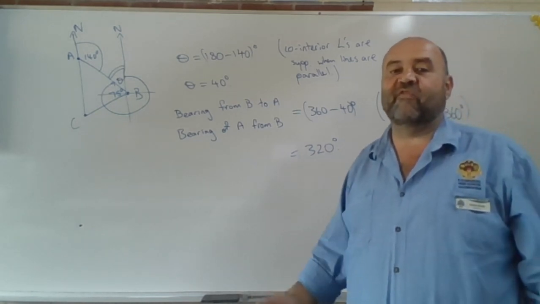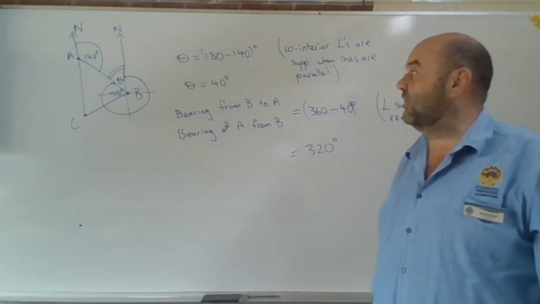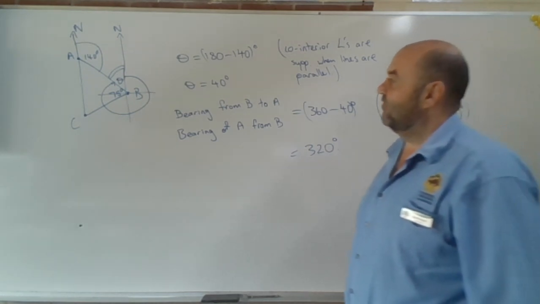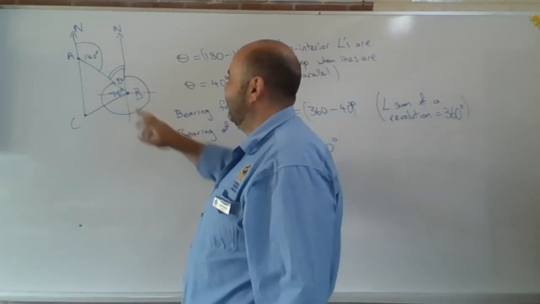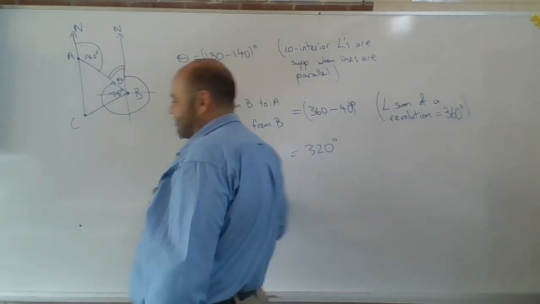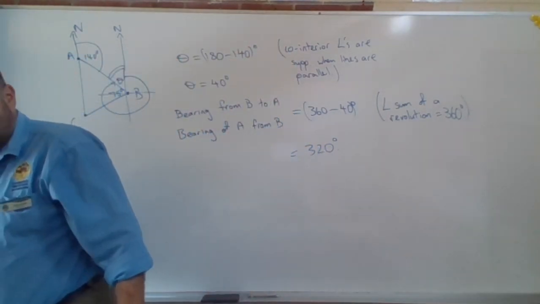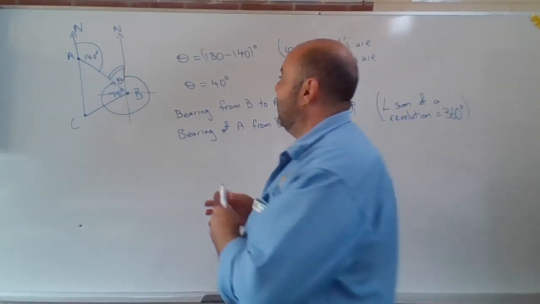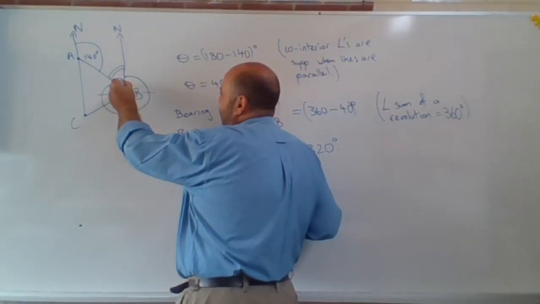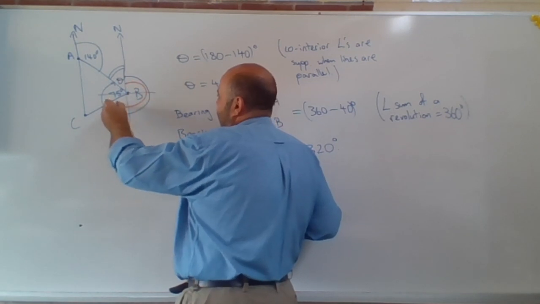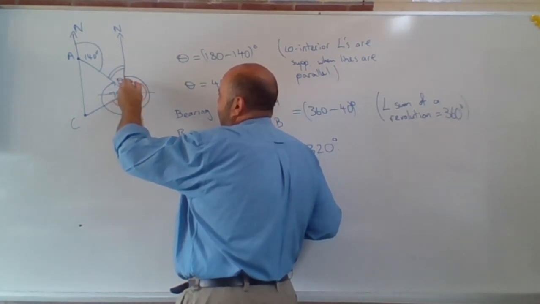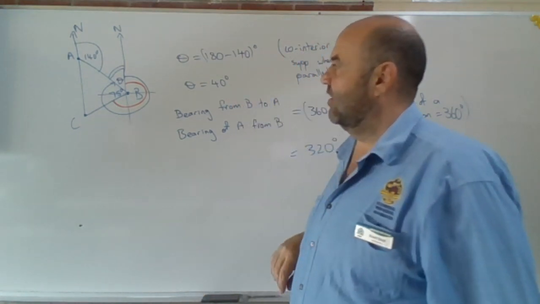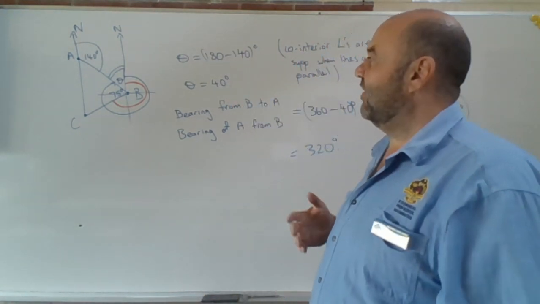Then it says find the bearing from B to C. From B to C. So they're asking now, I'll just change colours, for this angle here, from B around to C. Well, let's put together what we already know.